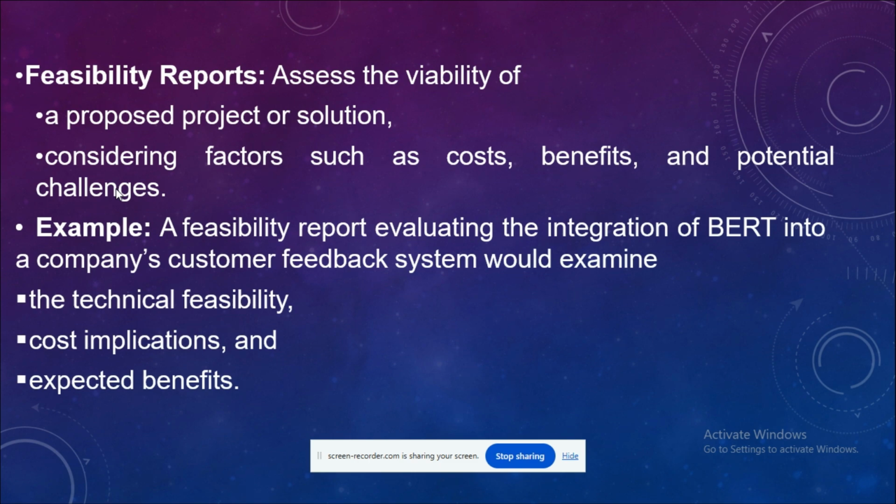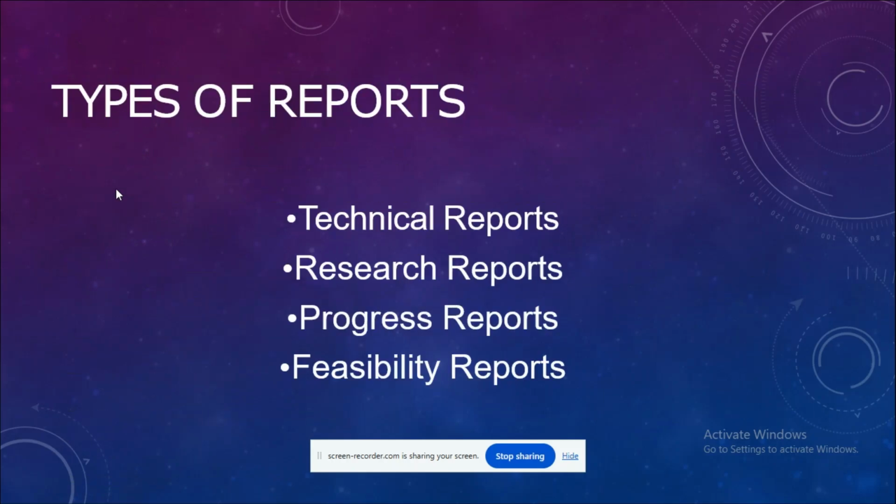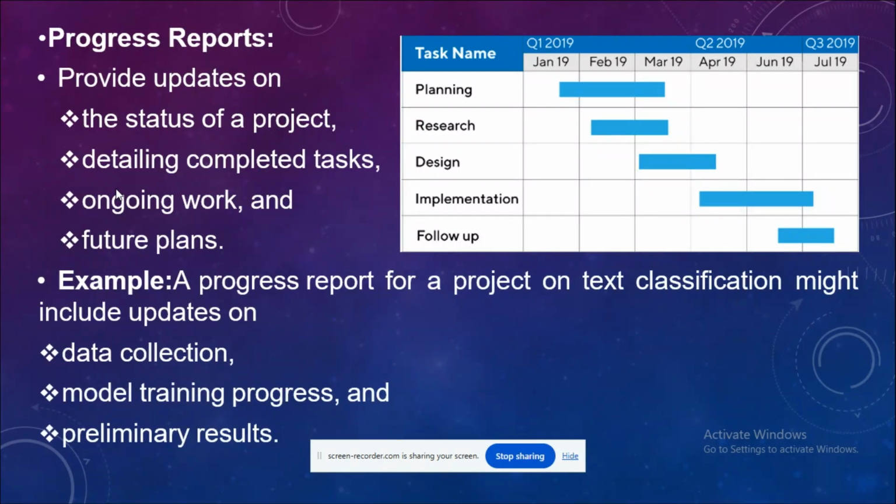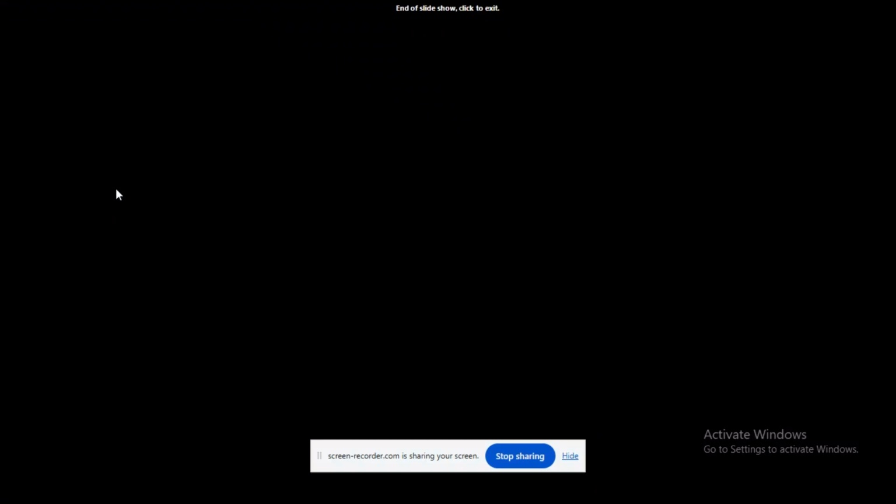So basically there are four types of reports: technical reports, research reports, progress reports, and finally feasibility reports.